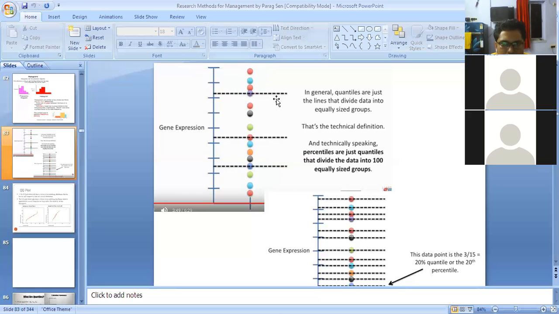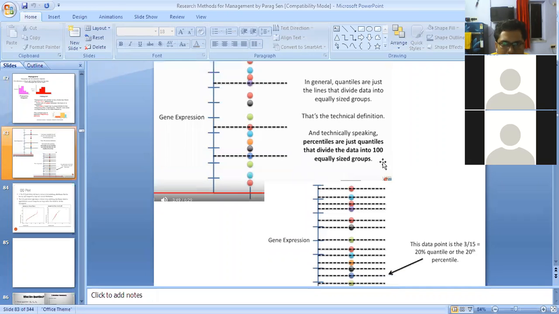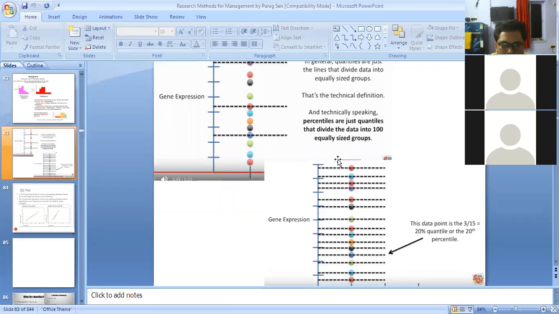That is known as the percentile. And quantile can be any number of groups. You can divide your data equally into any number of groups. So any number of equal groups is represented by a quantile, but if you divide it into 100 equal groups, then it will be termed as the percentile.